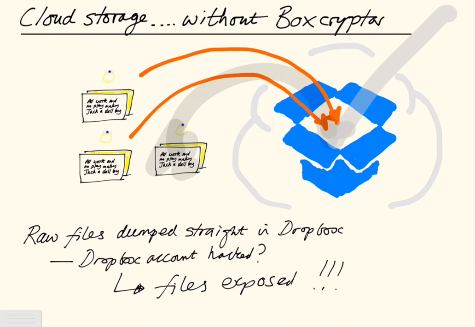So somebody is going to come in, peer inside that box, and lo and behold, they're going to see your unadulterated raw content, and they can do whatever they want with that. They can copy it, they can view it, they can send it, they can delete it maybe. So your files are all exposed, and that's the situation that we definitely want to avoid here.